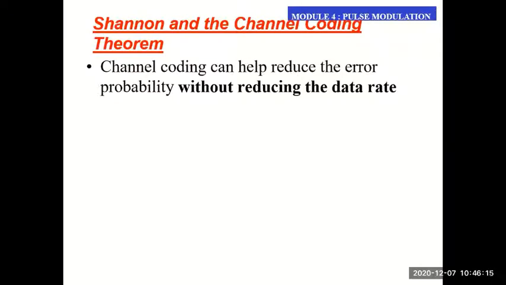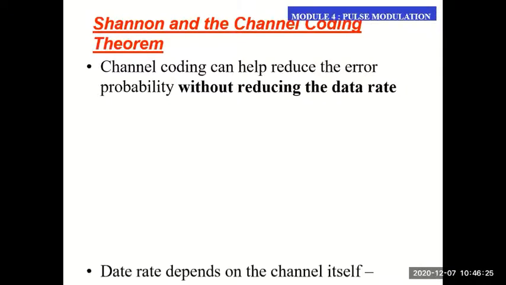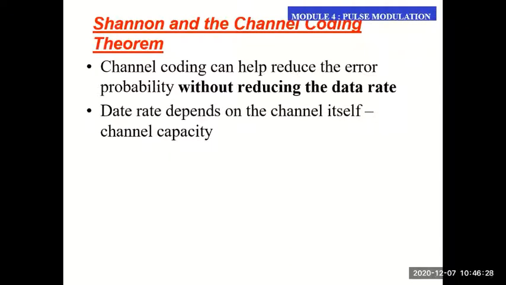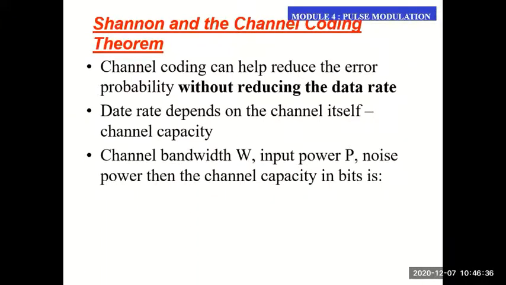So channel coding can help reduce the error probability without reducing the data rate. That's the essence of channel encoding. And the data rate depends on the channel itself. We call it channel capacity. And we have Shannon's theorem to understand this channel capacity. What is the maximum capacity of any channel?